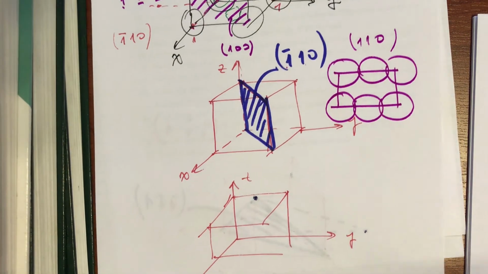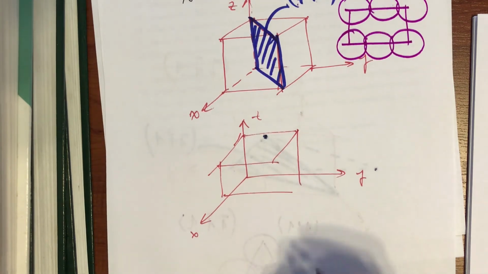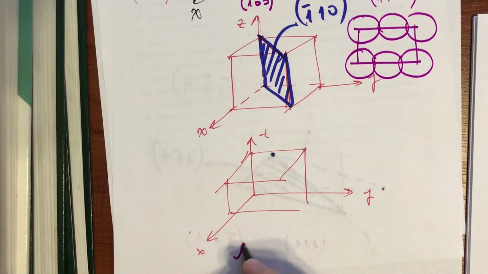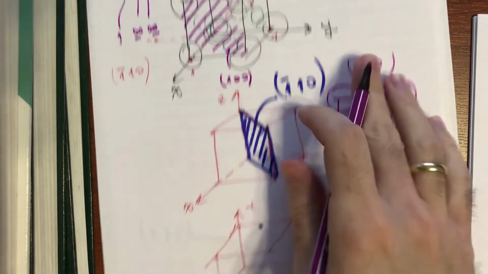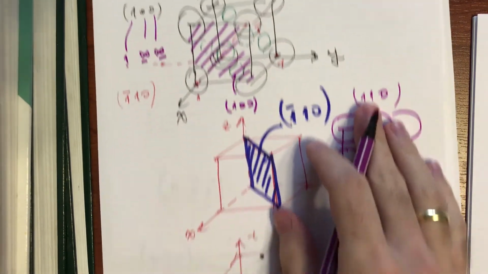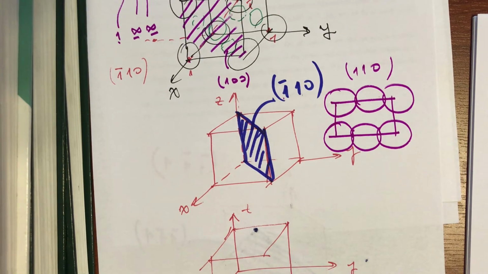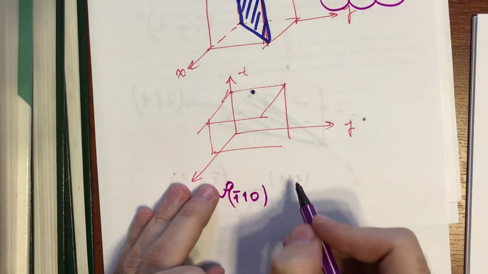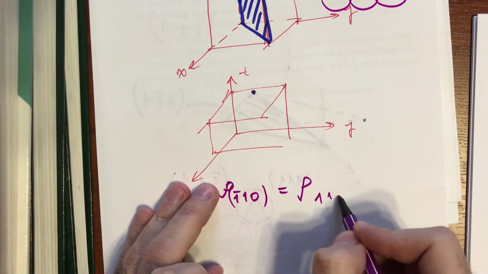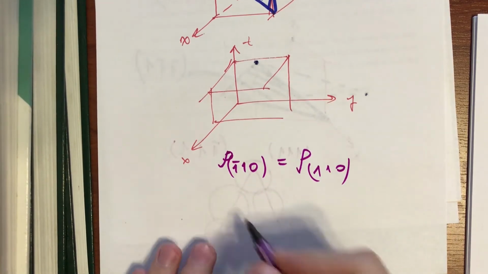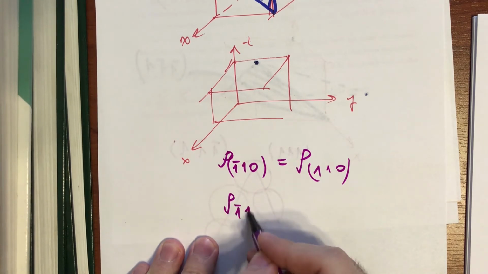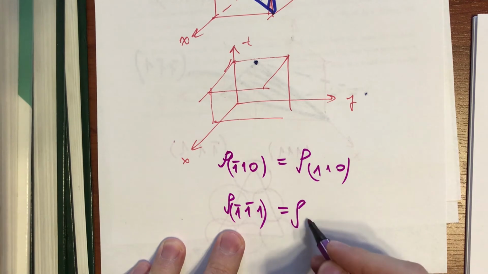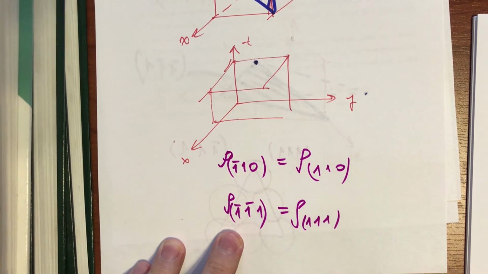That's why these planes are called family of planes. So the density of minus 1, 1, 0, this plane, is going to be exactly equal to 1, 1, 0. Similarly, minus 1, minus 1, 1, that's going to be exactly the same as 1, 1, 1 plane.